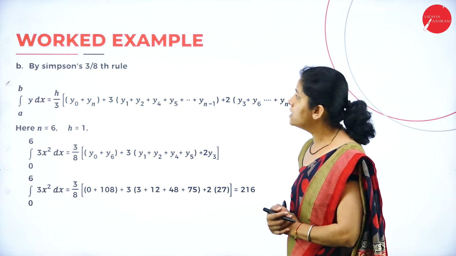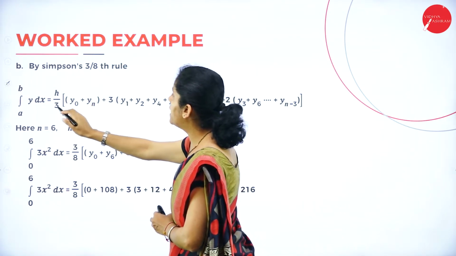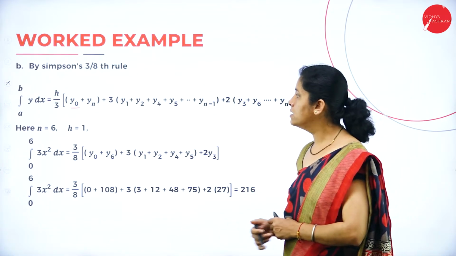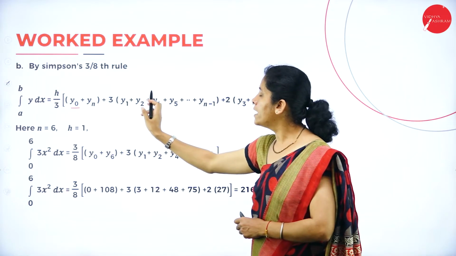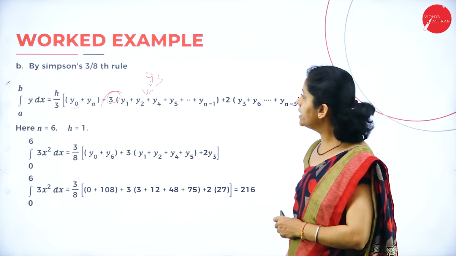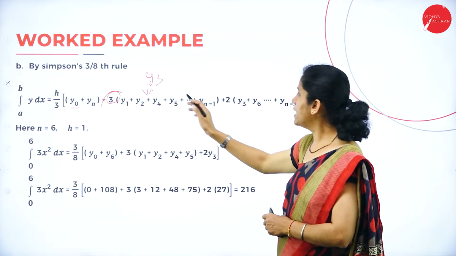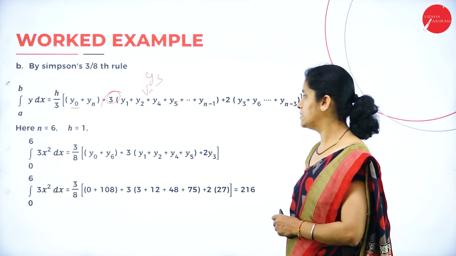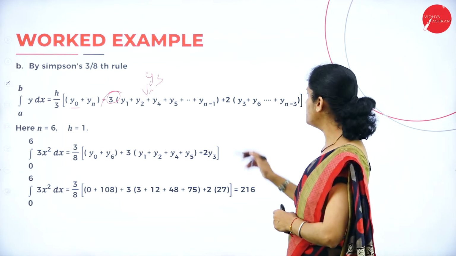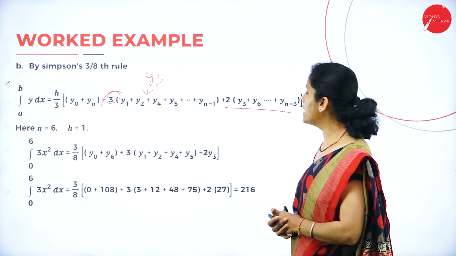If I apply Simpson's 3 by 8th rule, here it is h by 3, y0 plus yn. Here, I don't want to consider y3 because it is a multiple of 3. So except 3, it is y1, and I cannot consider 6 either. So y1 plus y2 plus y4 plus y5. Here it is 2 y3 plus y6.